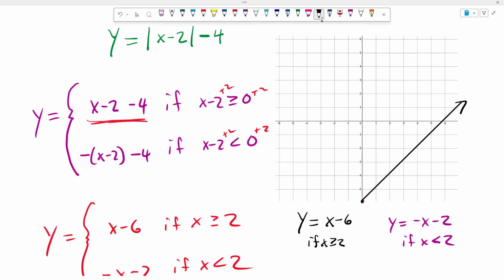Except it's only true when x is greater than, sorry, greater than or equal to 2, so we erase this part. This is a y-intercept of -2. That's something like that.